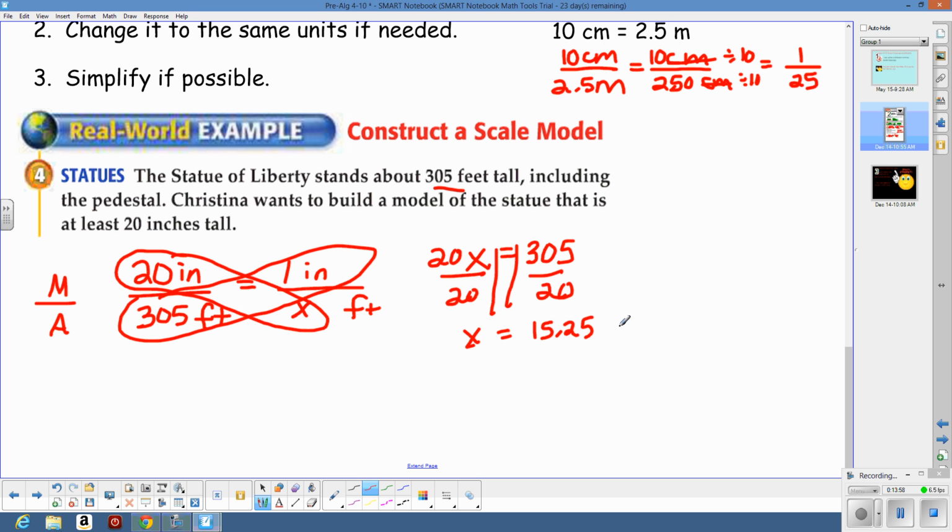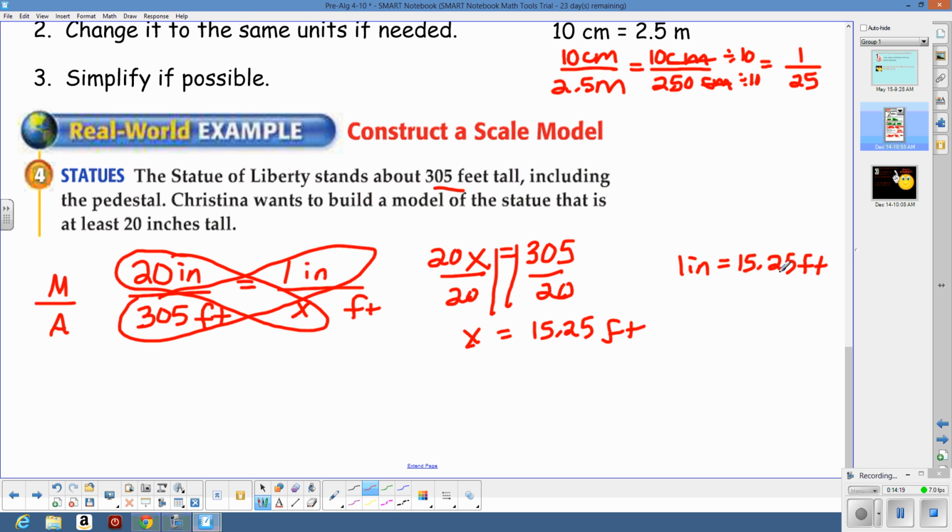It's going to be that many feet. So 1 inch equals 15.25 feet is our scale. It has to be at least that to make it at least 20 inches tall.